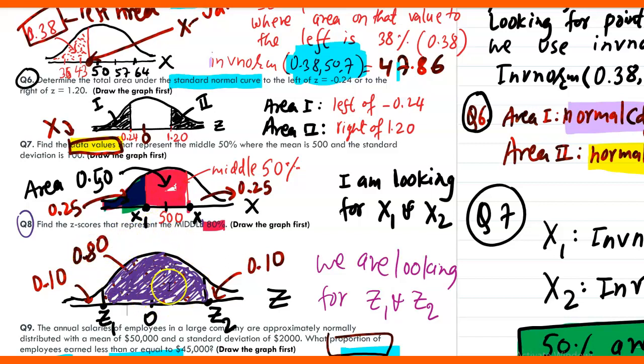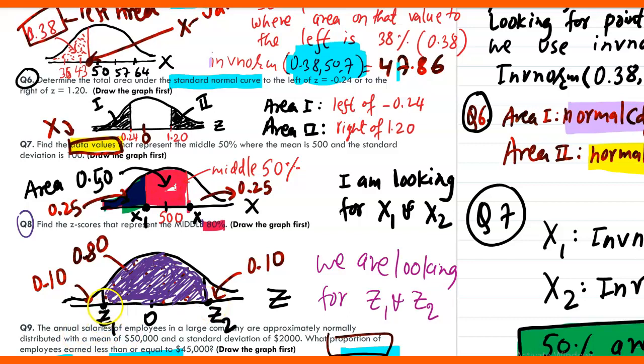Therefore, the middle area is 0.80, and the question is to find the z scores that represent the middle 80%. Here I'm looking for z1 and z2, because to find z scores, you have multiple z values.